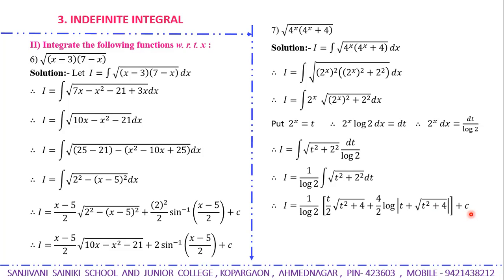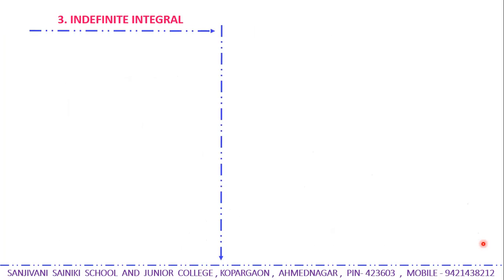Okay, but what is t? T is nothing but 2 raised to x. So we have to again substitute 2 raised to x here. This is 1 upon log 2, 2 raised to x upon 2 into root 4 raised to x plus 4, plus 4 upon 2 log of 2 raised to x plus root 4 raised to x plus 4, plus c. This is the solution of the given problem.